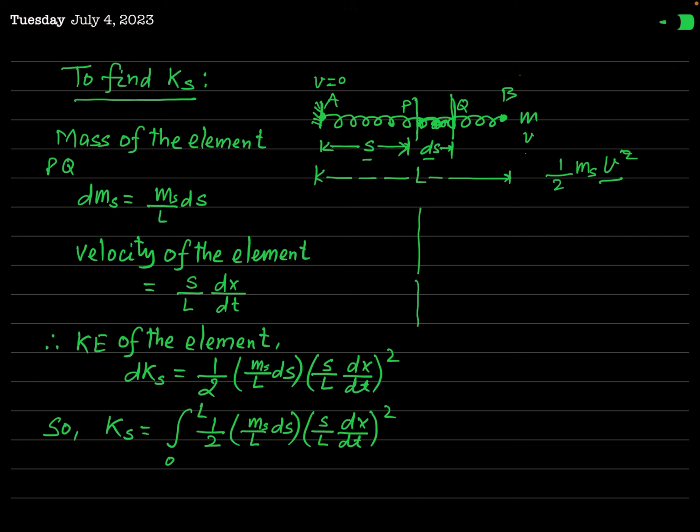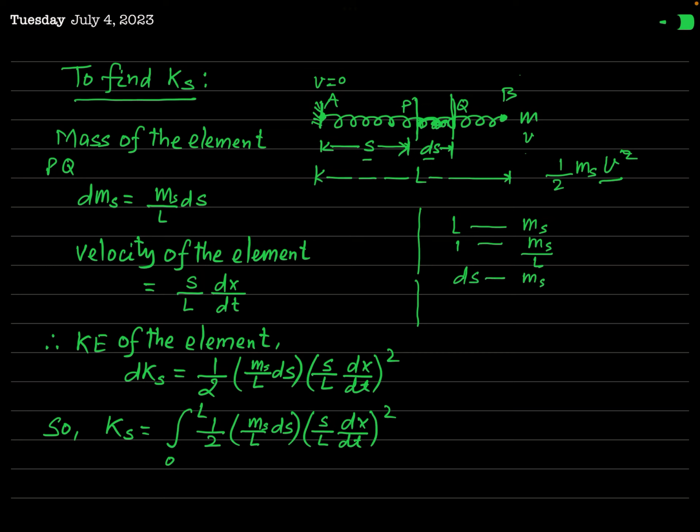As you know, the spring has a length L and the mass of length L is ms. Okay, so the mass of unit length of the spring will be what? This will be ms by L. Okay, and the length of this element is ds. So what will be the mass of length ds of this spring?